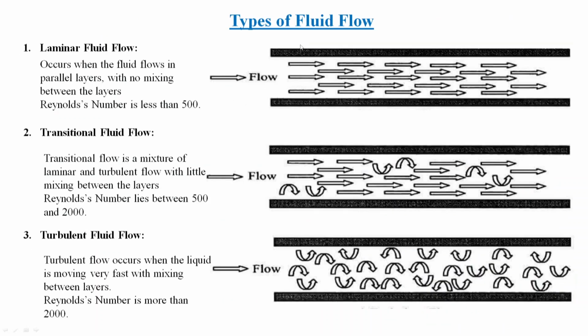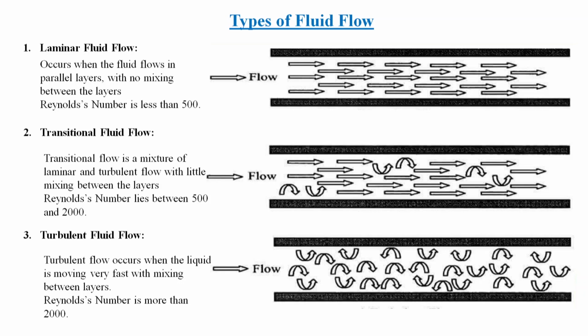Now, apart from this analysis, what is essential to discuss is the types of fluid flow that can be observed in a stream or in a river. The first one is laminar fluid flow, which occurs when the fluid flows in parallel layers with no mixing between the layers.